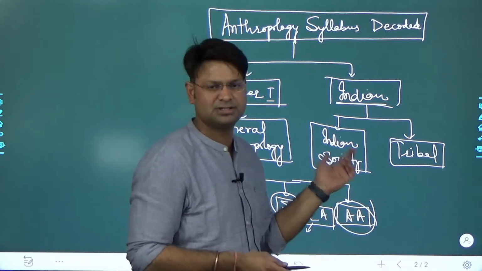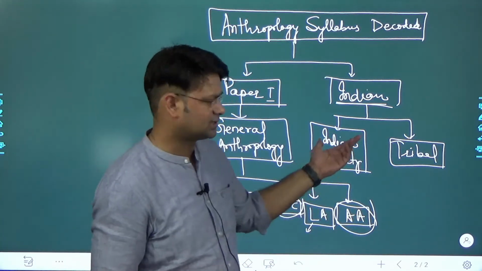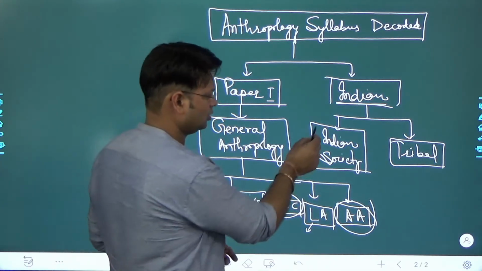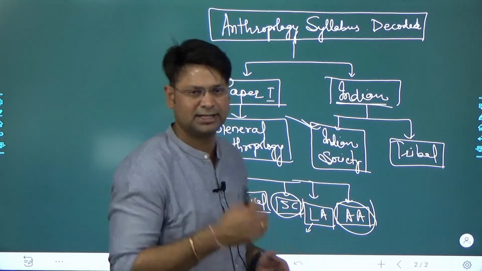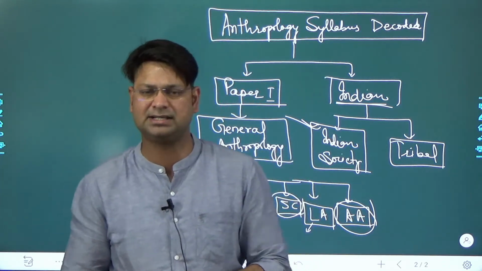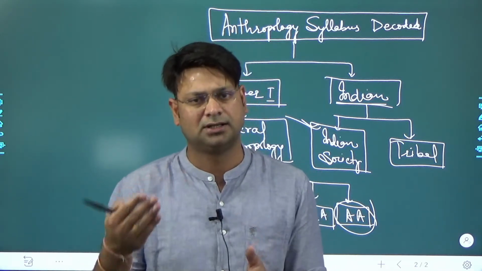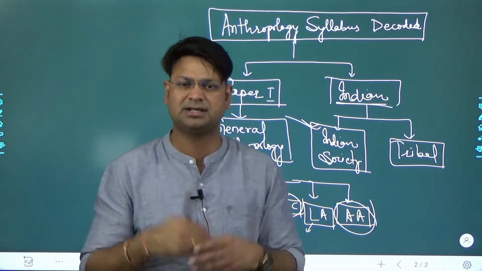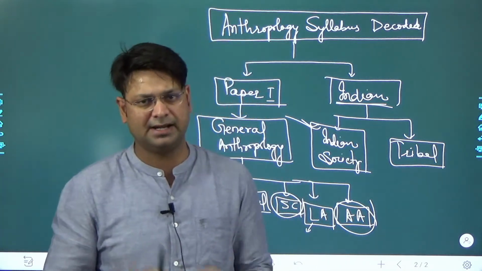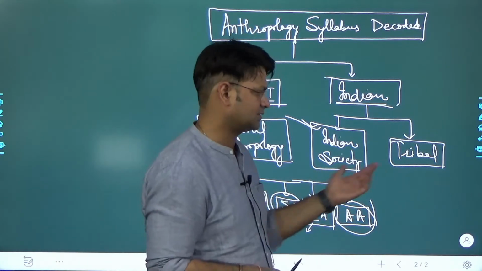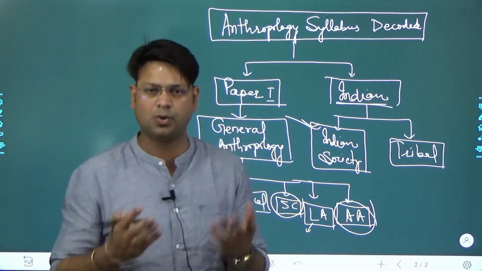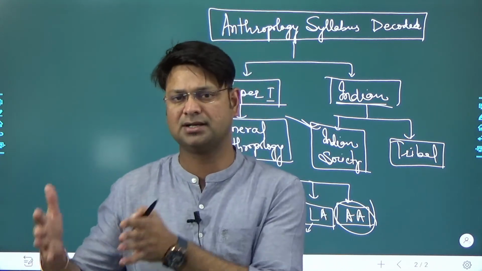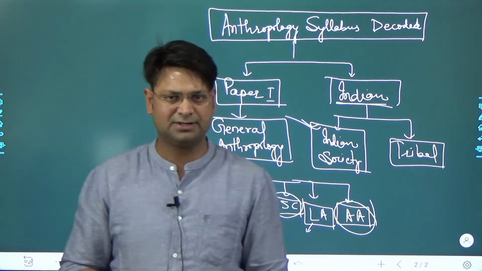Some portion of archaeology is there in paper 2 also, but that is India specific. So Indian society, what the traditional basis of Indian society is, caste and the effect of various religions on Indian society, how change is operating in Indian society, that is also part of this paper. Tribals, what tribals are, how we can understand the diversity within the tribes and appreciate Indian diversity.